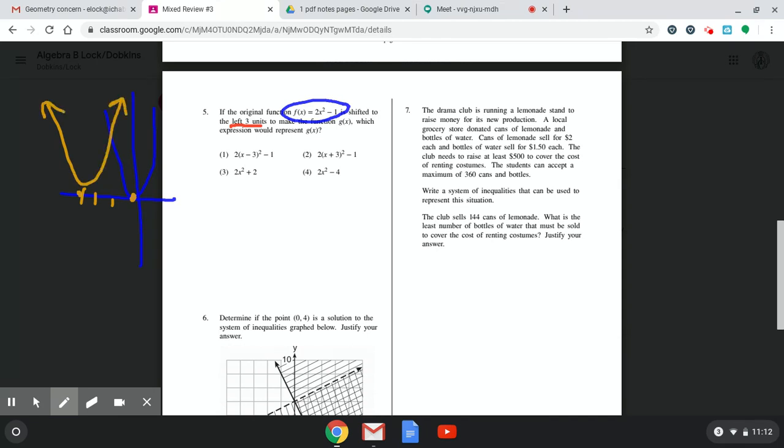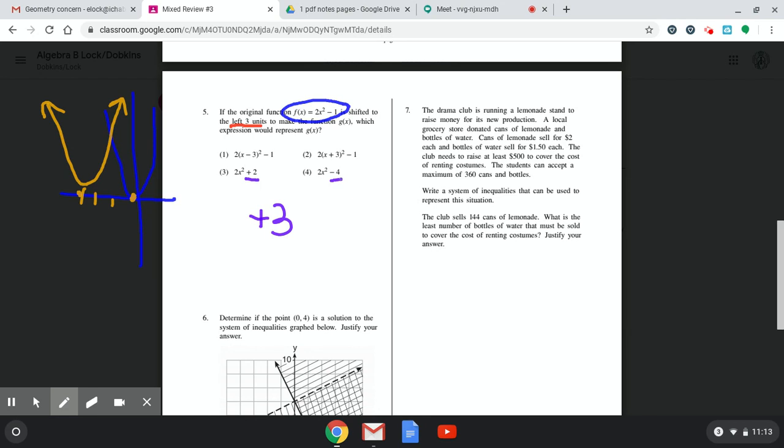But does anybody remember the shift rules to move to the left 3 units? Oh, to the right. You have the right idea. It's opposite. Yeah. So if you want to move to the left, what are you doing with the number? Where are you putting it? We're going to add 3 somewhere. So the adding 3 is going to go into a set of parentheses. So we're not looking at choices 3 and 4.